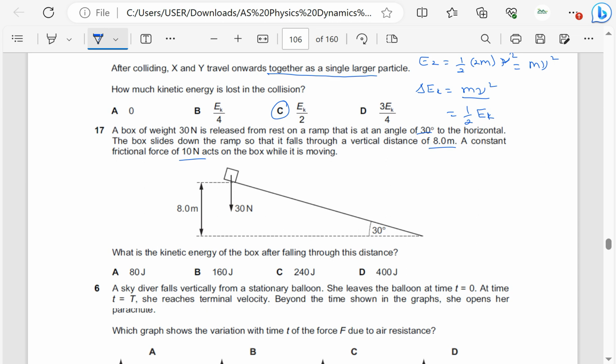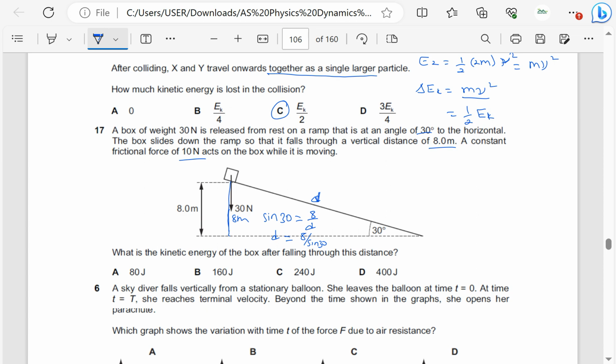Okay, so first of all, if I make this a triangle, it will be easier for us to see that if this distance here is S and this is 80 meters, we notice that sine of 30 is equal to the opposite, which is 8, divided by the distance D, which means the distance D is equal to 8 divided by sine of 30.